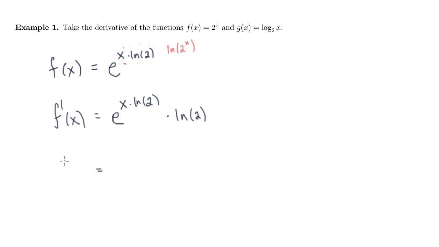But e to the x times natural log of 2, exactly as I explained up here, is just 2 to the x. So the derivative is just 2 to the x times natural log of 2. And natural log of 2 is just a number that's a little bit less than 1. So that's it. Here's the derivative.